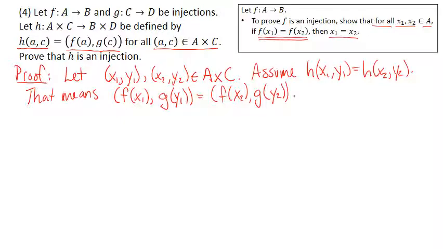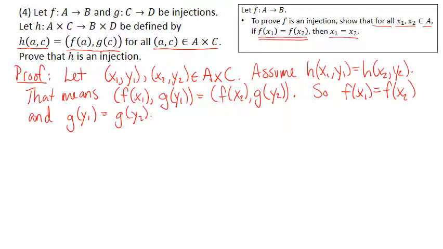Whenever you have an ordered pair equaling another ordered pair, that means the first elements are equal and the second elements are equal. So f of x1 equals f of x2, and g of y1 equals g of y2.